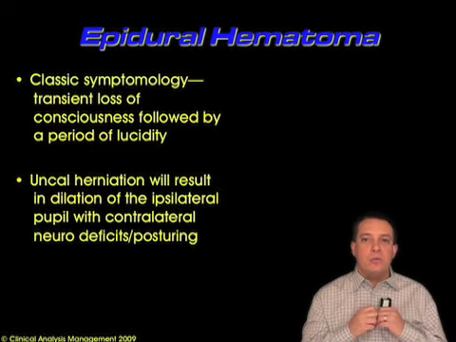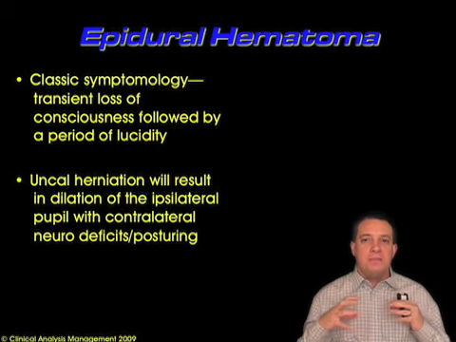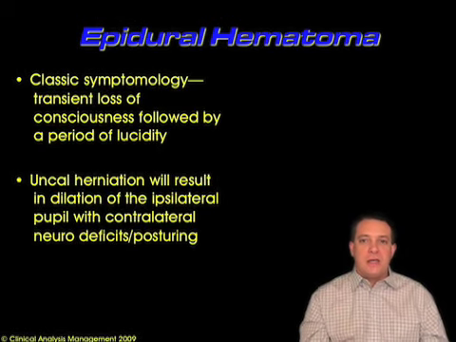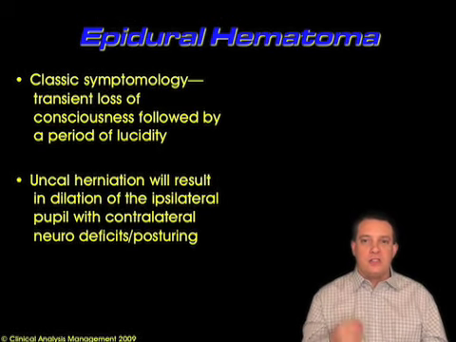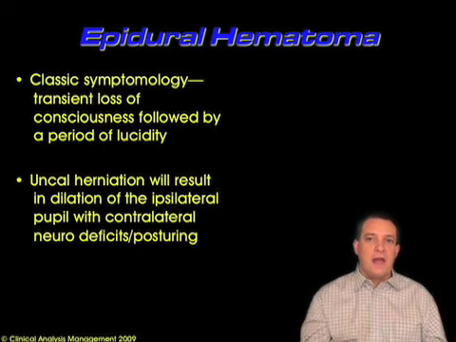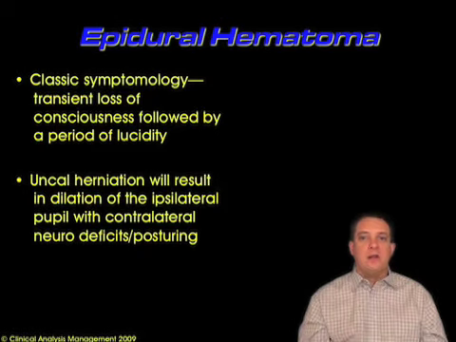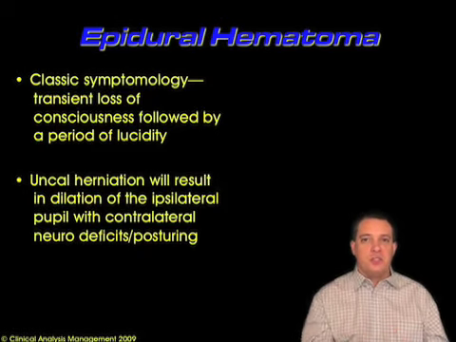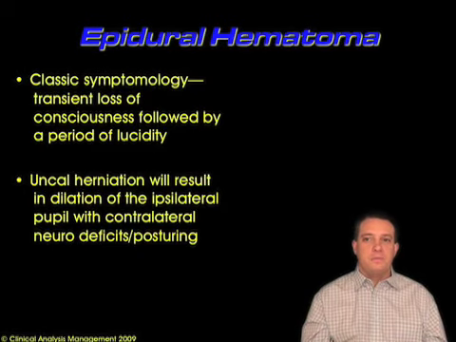Then, as that epidural bleed is collecting in size, we have a mass effect on the brain, and as that mass effect is pushing the brain over, the patient has a second level of consciousness decrease. So again, with epidural bleeds, the classic thing is they take a shot to the head, knocks them out cold, they wake up, then they have a second drop in their level of consciousness as the mass effect shifts their brain over and they start to herniate.